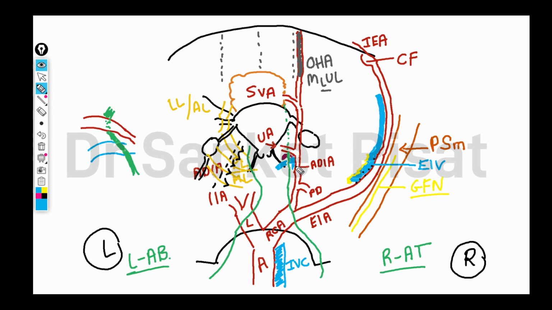While dissecting at this point, suppose there is an injury and there is bleeding from here. All that you have to do is identify whether the bleeding is from the vein or the artery, because an arterial bleeding is always going to be a spurt, and a venous bleeding is always going to be a slow ooze.